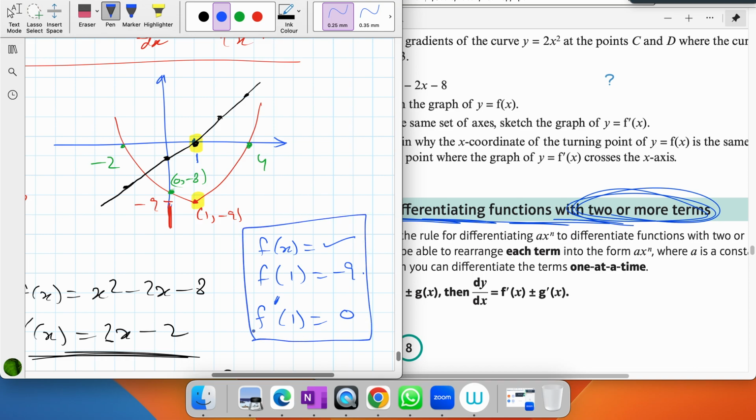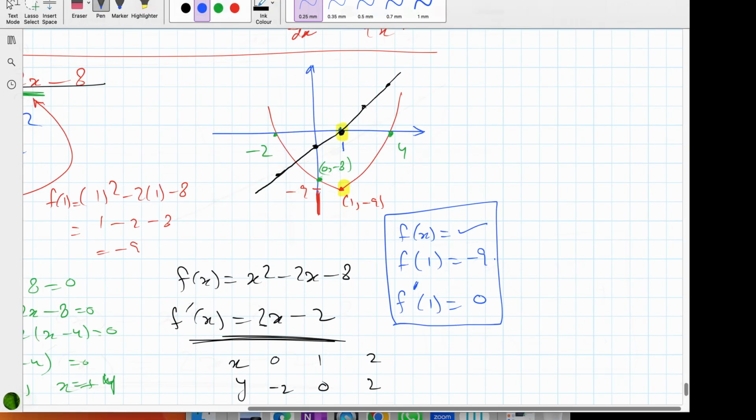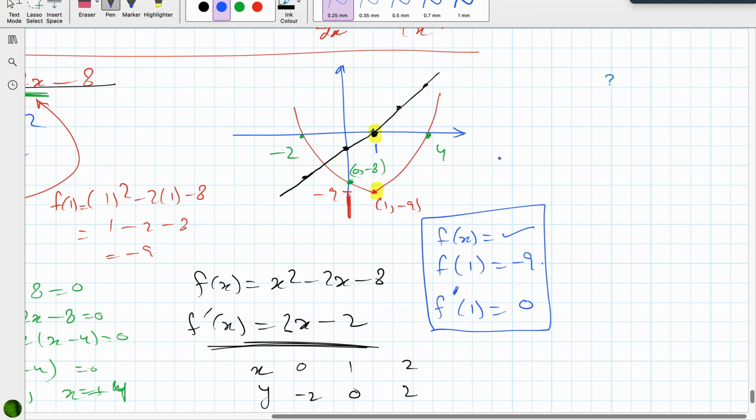Anyone, can you answer this question? Okay, what's the question? The question says the turning point of f(x), which we know is (1, -9).